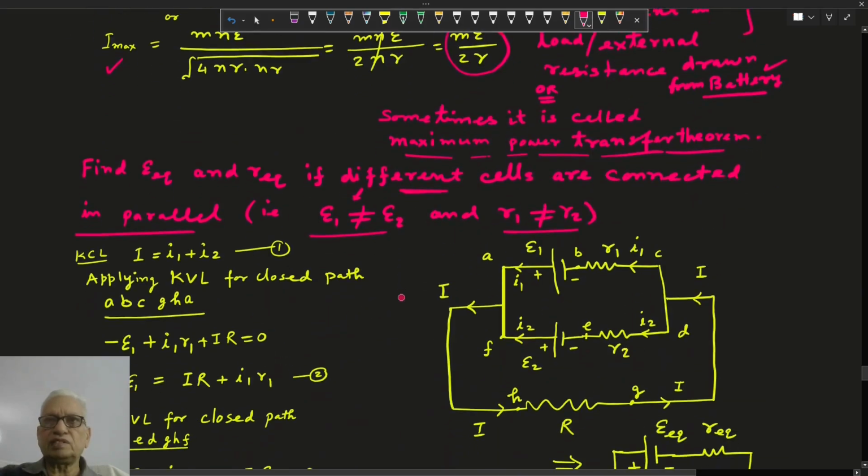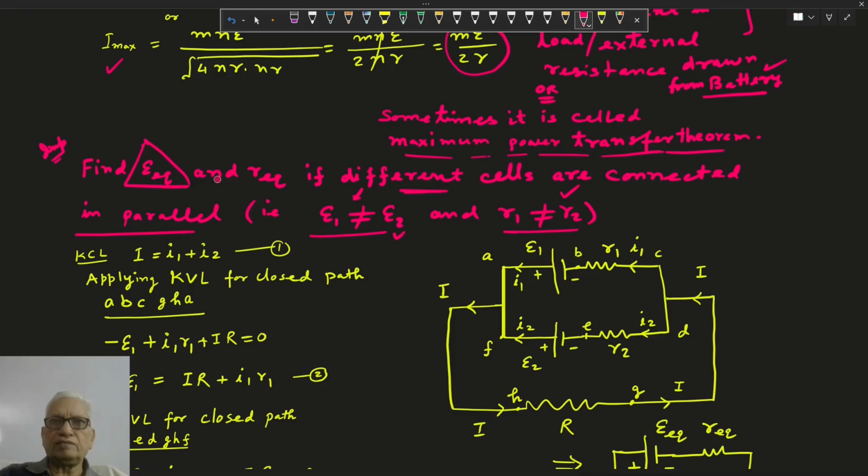Now very important also, this is also a repeated question in boards and competitive examinations. When the cells are not identical, they are different cells, it means EMF is also different and internal resistance also different, and they are connected in parallel. Then we have to find the equivalent EMF and equivalent internal resistance if the different cells are connected.